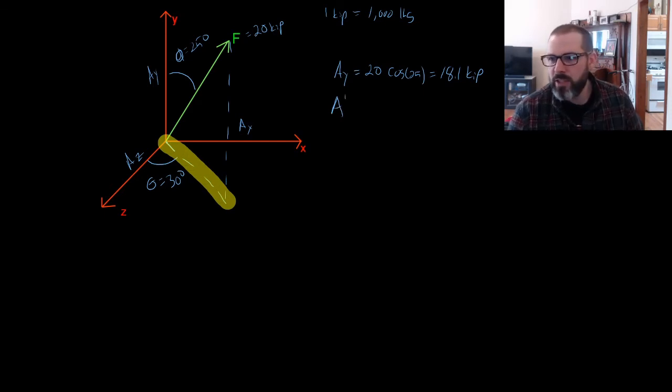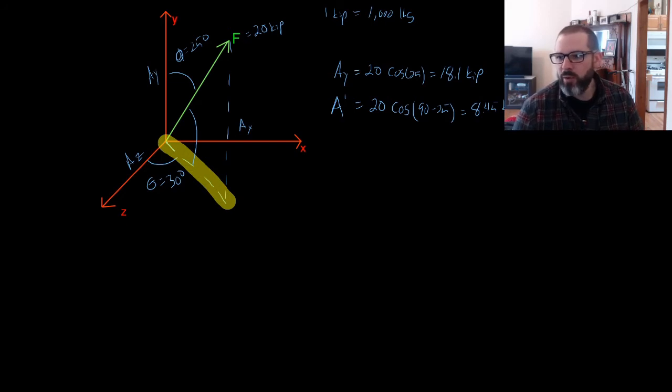A prime is just going to be equal to the force magnitude of 20 times the cosine of 90 minus the azimuth angle. So we're finding this angle down here between the force vector and the projection. In this case, it's going to be 8.45 kips.